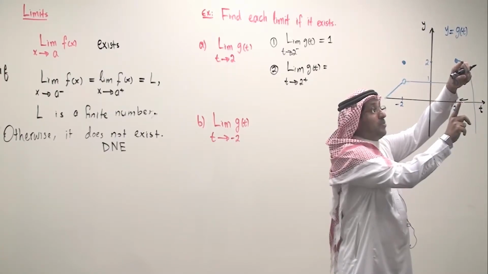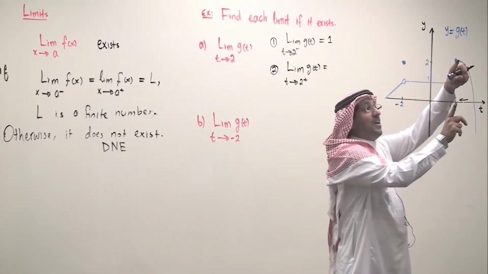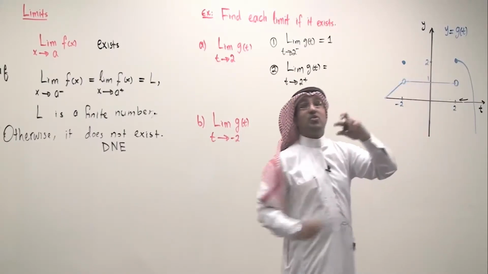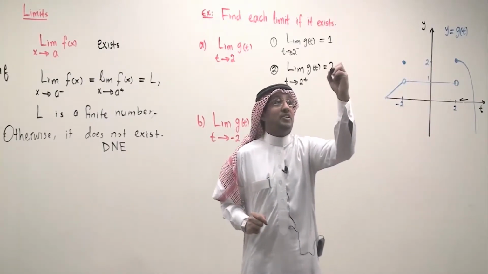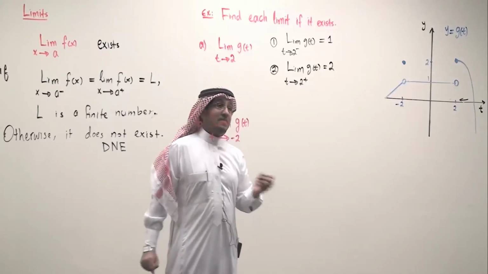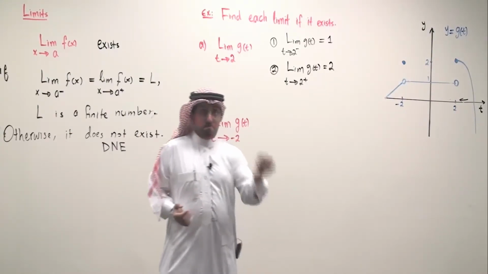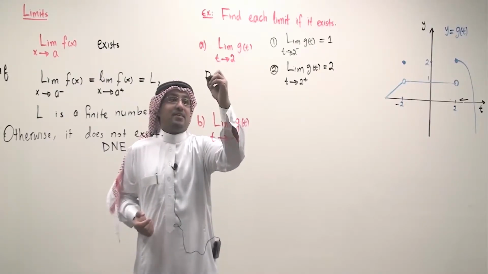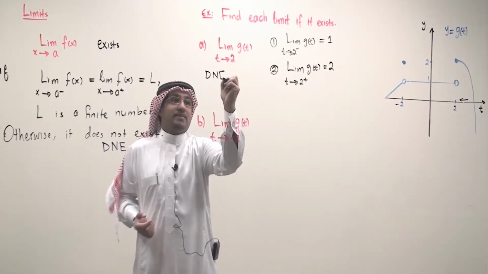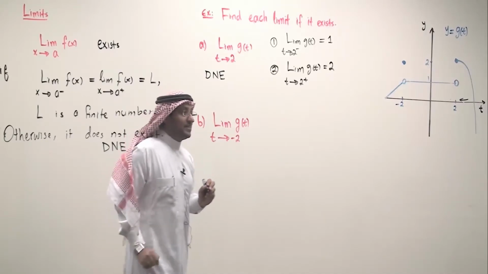As t approaches 2 from the right, you see here the values are getting closer and closer to 2. You notice here the limit from the left side and the right hand side are not equal. So this limit does not exist.